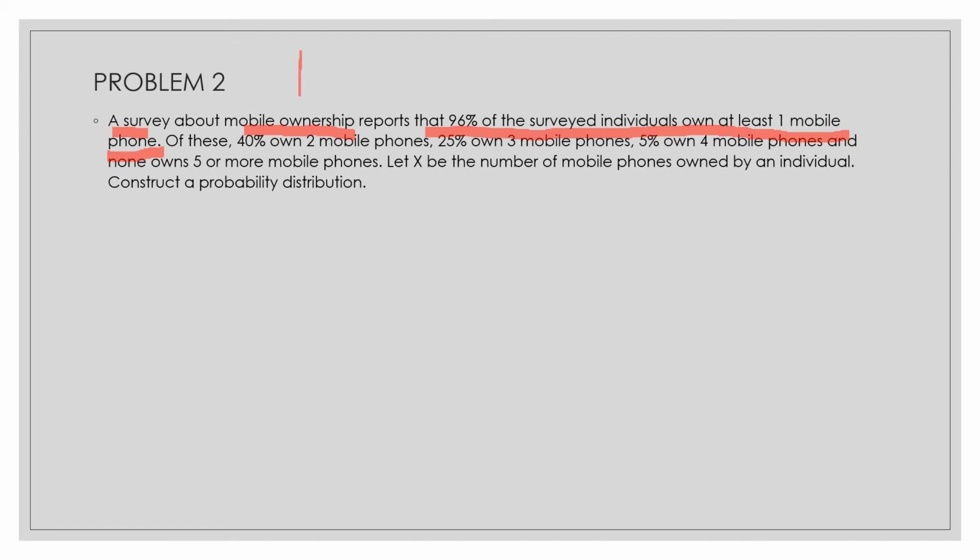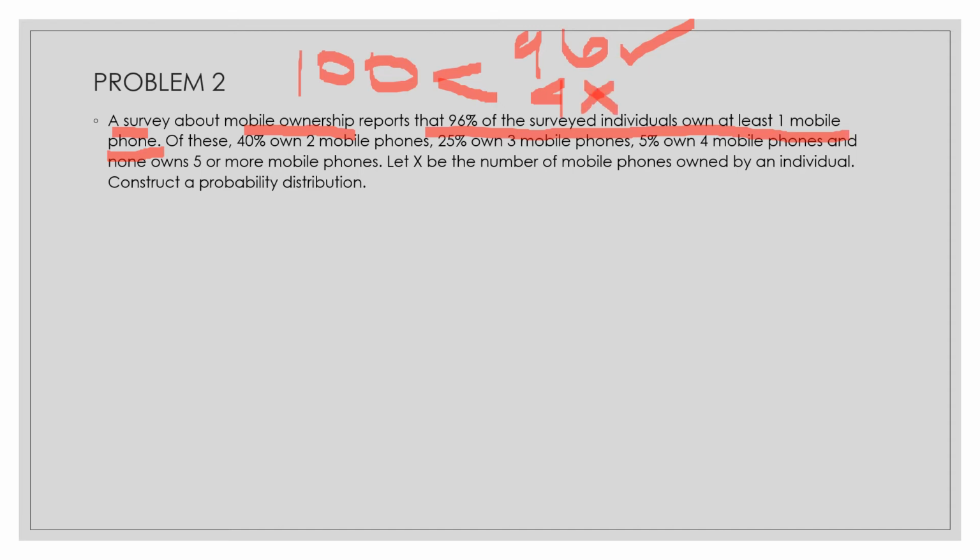So pag may 100 daw na individual, or 100 individuals, 96 sa kanila ang may cellphone. So 96 has cell phones. And then syempre, ilan yung walang cellphone? Basically may 4 na walang cellphone.